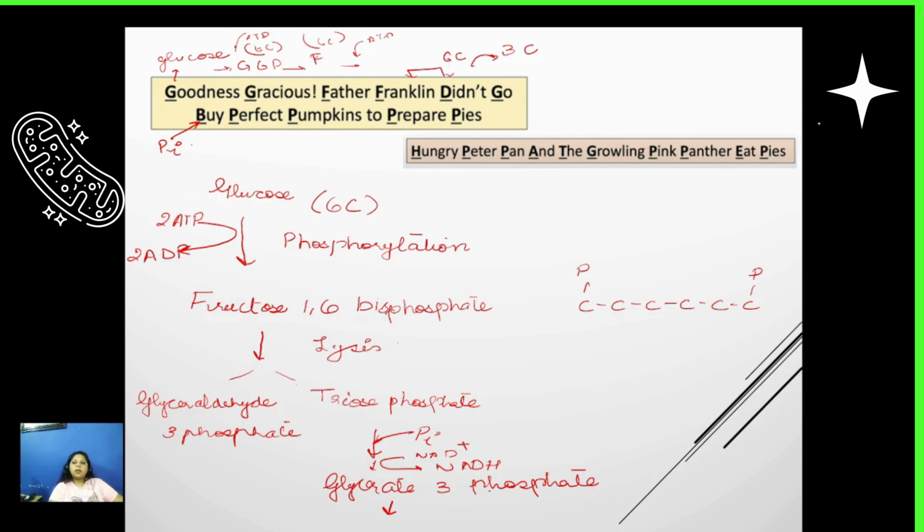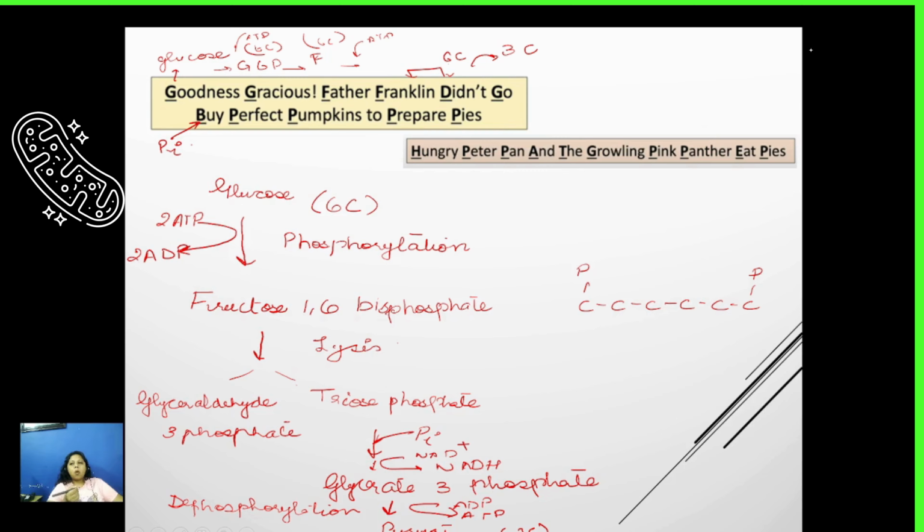Now it's a reverse phosphorylation, so it is known as dephosphorylation. And this dephosphorylation converts the ADP into ATP and results in a formation of pyruvate, which is a 3 carbon compound.